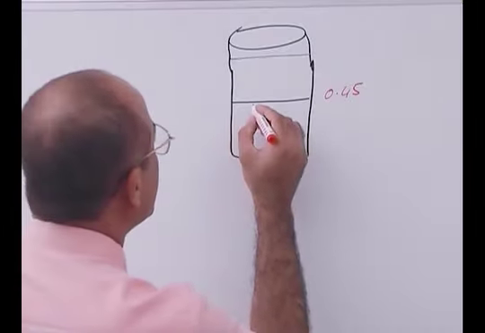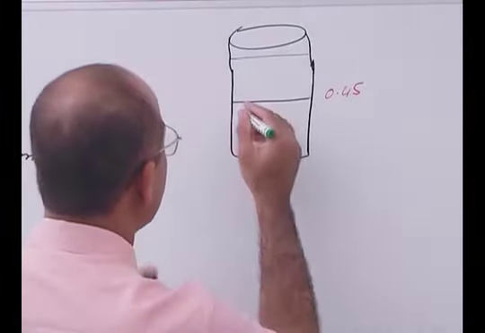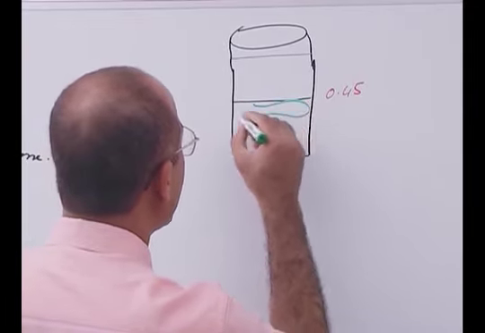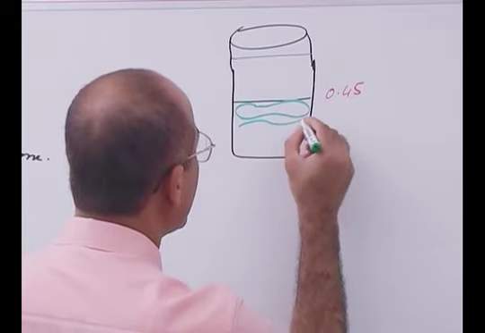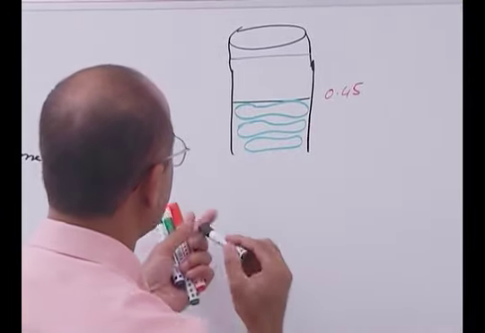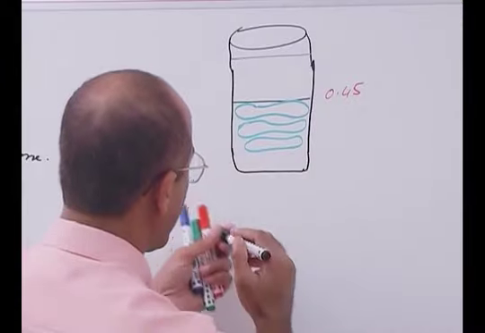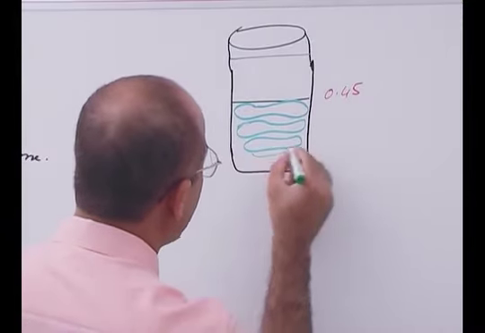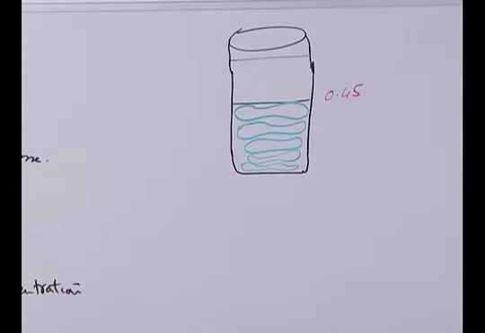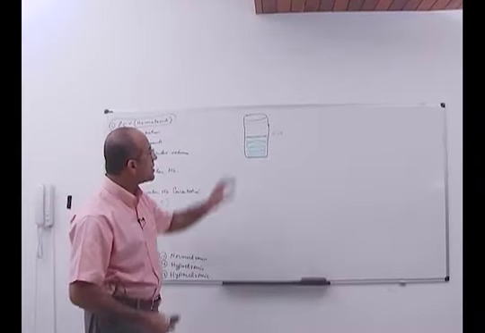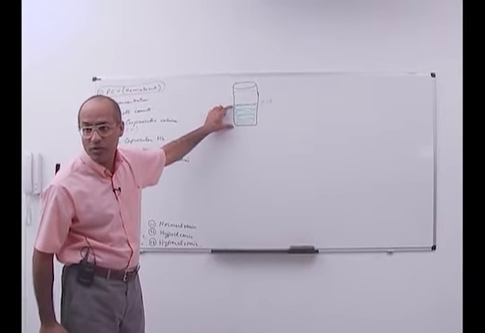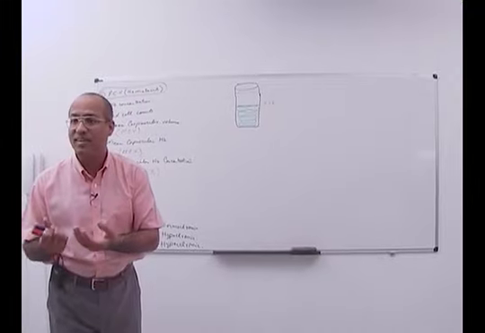Let's suppose I'm putting the red blood cells here. I'm just putting a few red blood cells here. Now I've made only 5 red blood cells in this diagram. Actually there are not 5 red blood cells, there are a lot of red blood cells. But these 5 red blood cells in our diagram are representing all the red blood cells. Of course, packed cell volume consists of red blood cells.